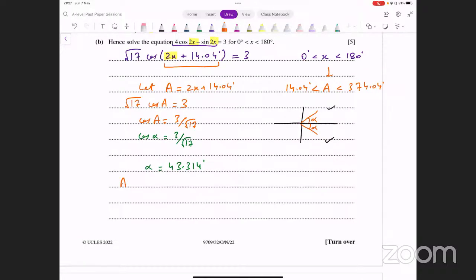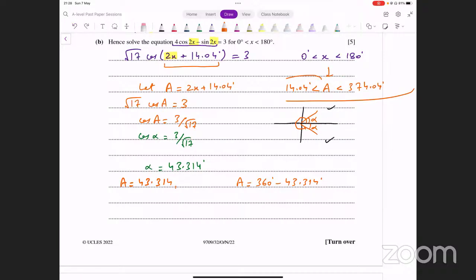That means A is either equal to 43.314. That's in the first quadrant. या फिर आप देखोगे fourth quadrant के अंदर उसमें क्या हो सकता है? 360 minus 43.314 degrees. All right. अब ये दोनों इंटरवल के अंदर आ रहे हैं, 43.3 भी इंटरवल में आ रहा है और ये दूसरा एंगल भी इंटरवल में आ रहा है. These are the only two possible values that you have. Negative values तो आपके पास इंटरवल में नहीं है, तो आपको क्लॉकवाइज जाने की जरूरत नहीं है.